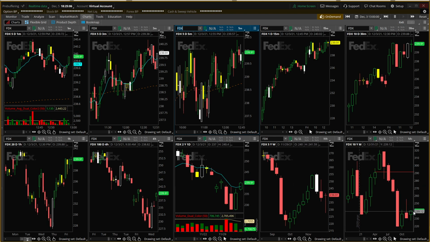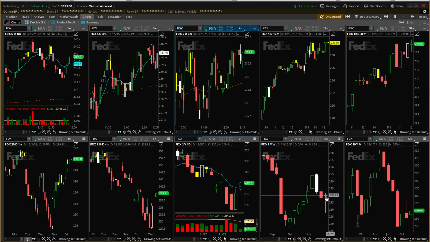Okay, green on the month, red on the week. Okay, green on the day, green on the hour. Currently trading right here above the previous day's high, but it's red on the week. Okay, so it wouldn't show up on a full time frame continuity scan, but it did show up on that scan there.